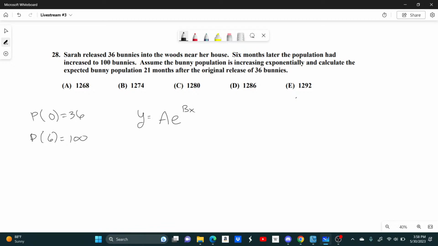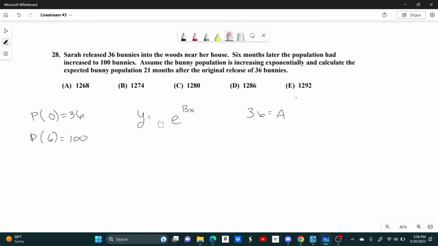The reason they give us this thing at 0 is because when you plug 0 into this equation, it doesn't matter what b is, you're still going to get e to the 0th, which is 1. So if I plug in 0 for x, I'm just going to get y, which they tell us is 36, equals a.